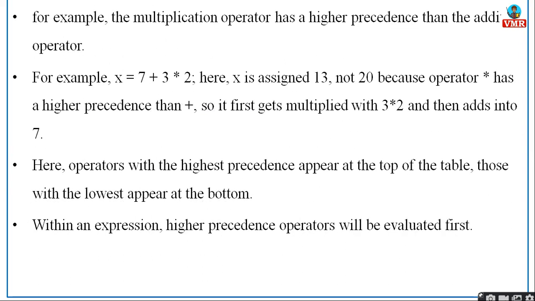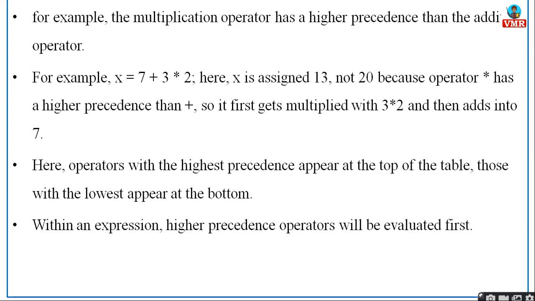For example, the multiplication operator has higher precedence than the addition operator. For example, x = 7 + 3 * 2. Here x is assigned 13, not 20, because the operator star has higher precedence than plus.